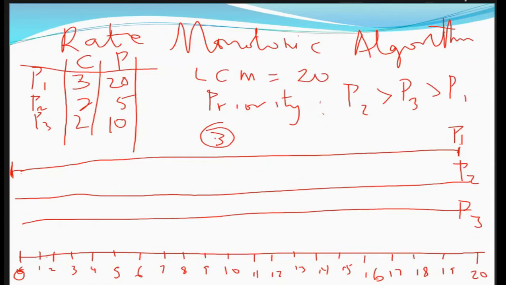For P2, how many minutes was blocked? 5. Is that not so? So it means that for every 5 minutes, we need to run 2 units. So here we go. First 5. So you look at the number line and then you trace upwards. So 5 is here, right? And then what's the next 5? It means 5 plus 5. You trace 10.